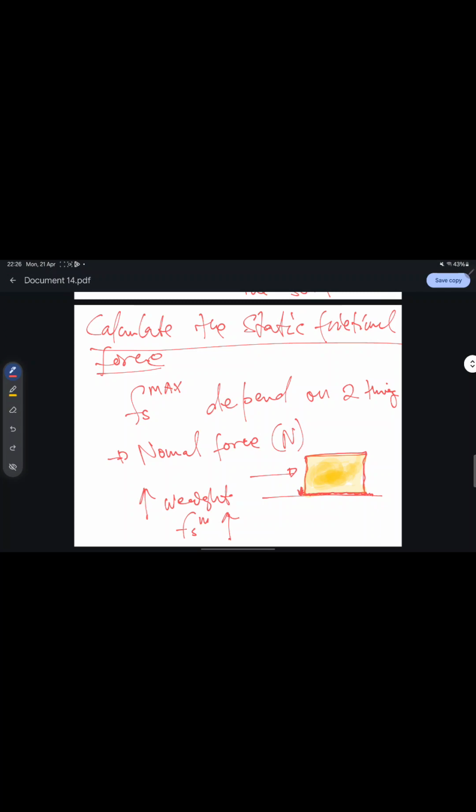Because the greater weight of an object makes the surface and the object press against each other very hard. So a greater force will be required to move the object. That's why it depends on the normal force.